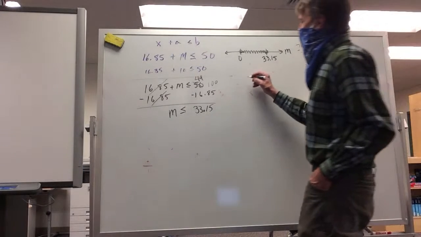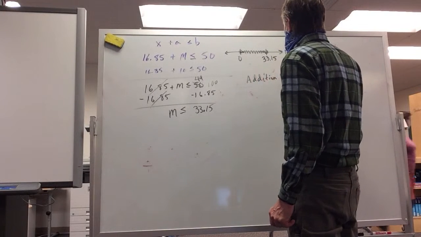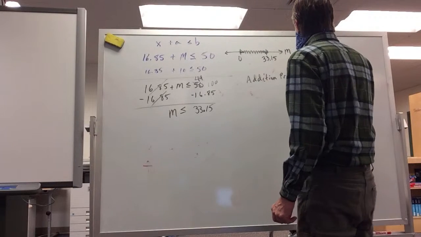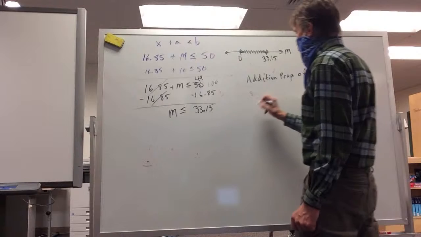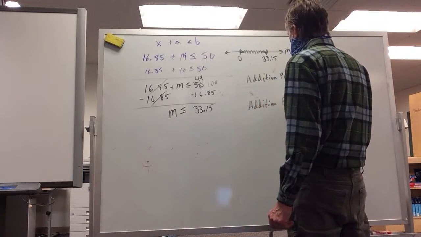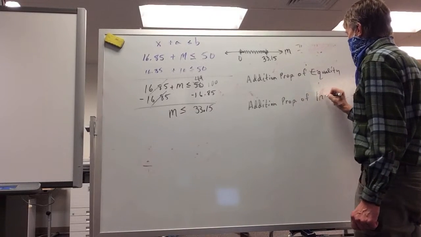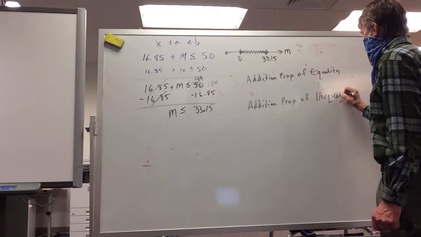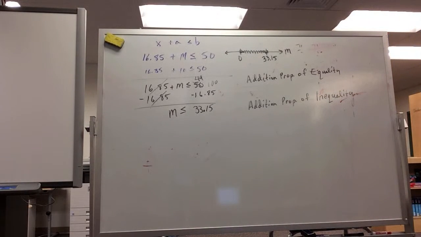So there's 2 properties. The addition property of equality and the addition property of inequality.